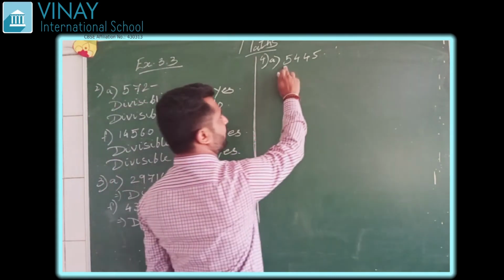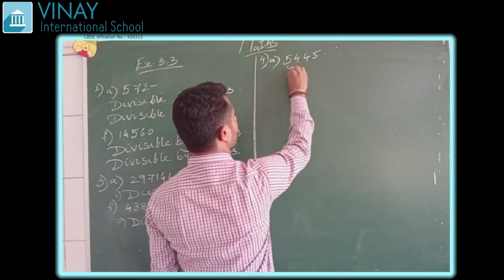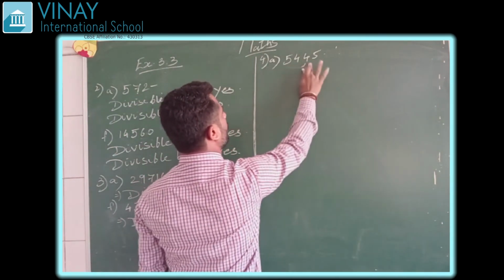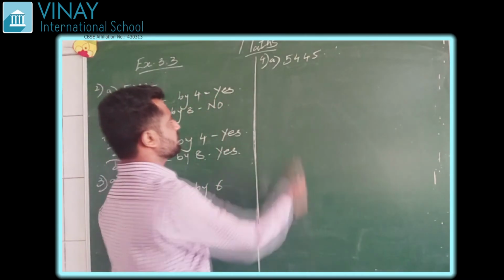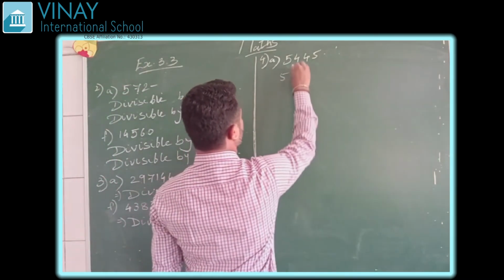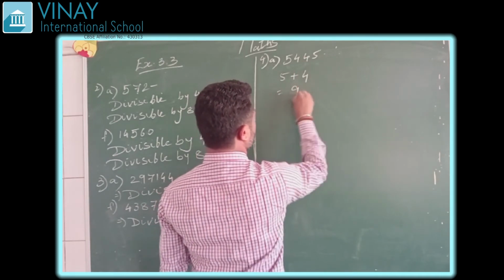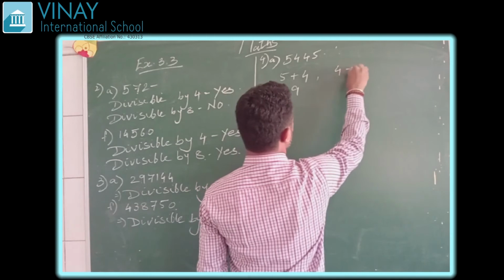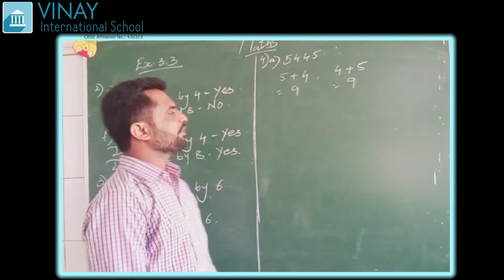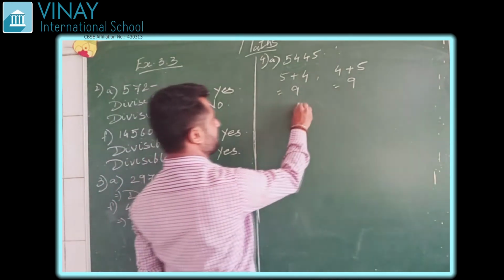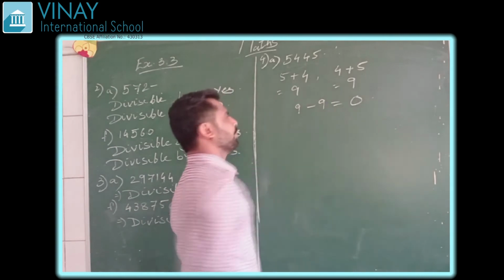First we need to find the sum of alternate digits, the sum of odd place and the sum of even place. Sum of odd place is 5 plus 4, that is 9. The same way, sum of even place is 4 plus 5, that is 9. Now we need to find the difference, that is 9 minus 9 is equal to 0.